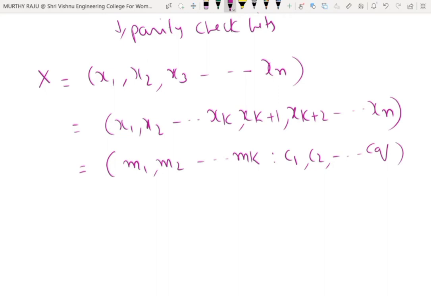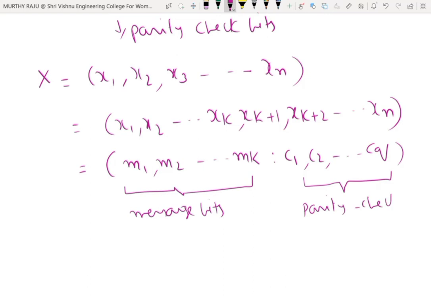In systematic form, first are the message bits or information bits, and then the parity check bits.